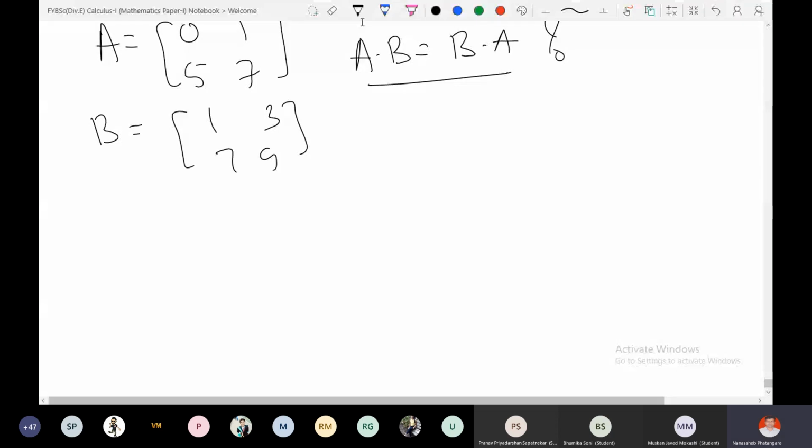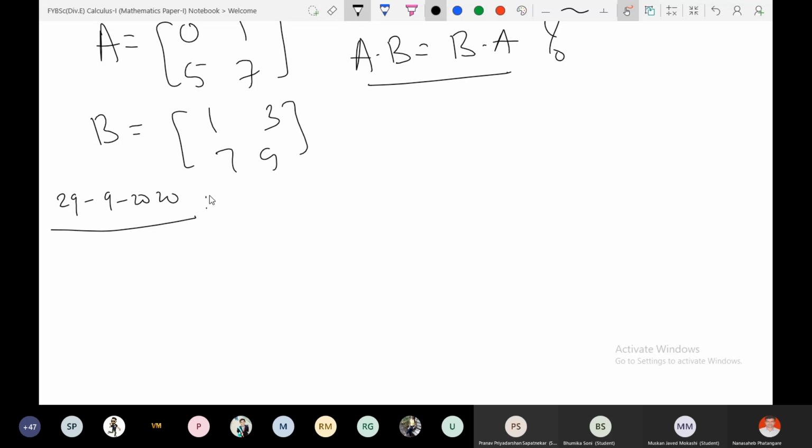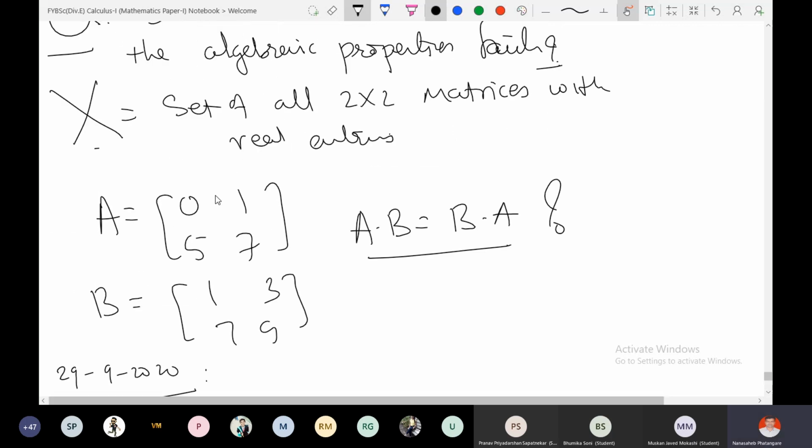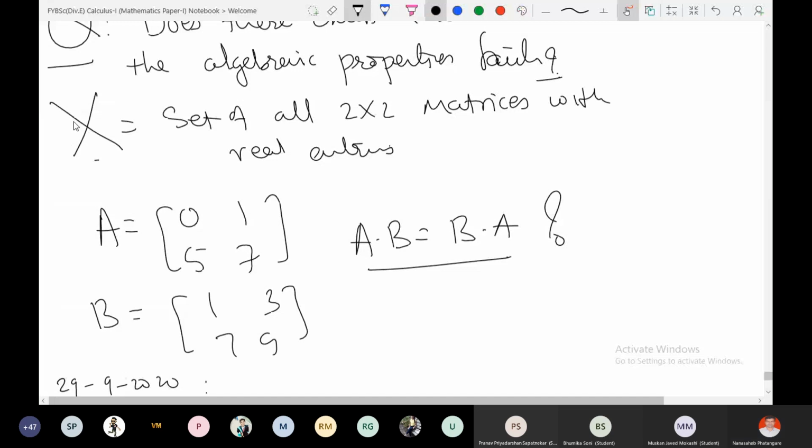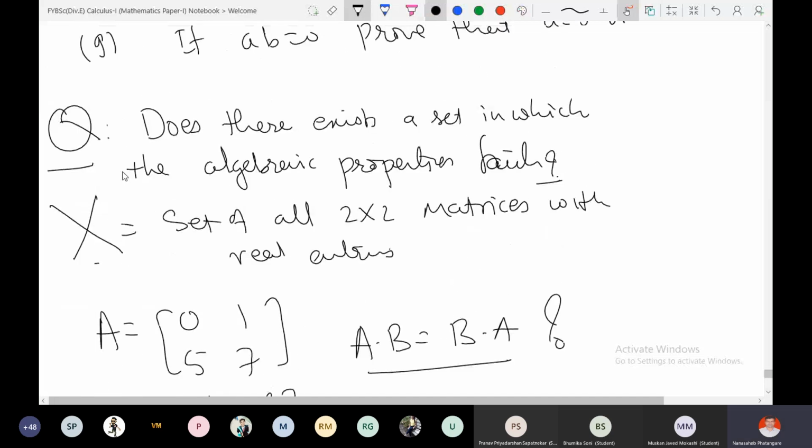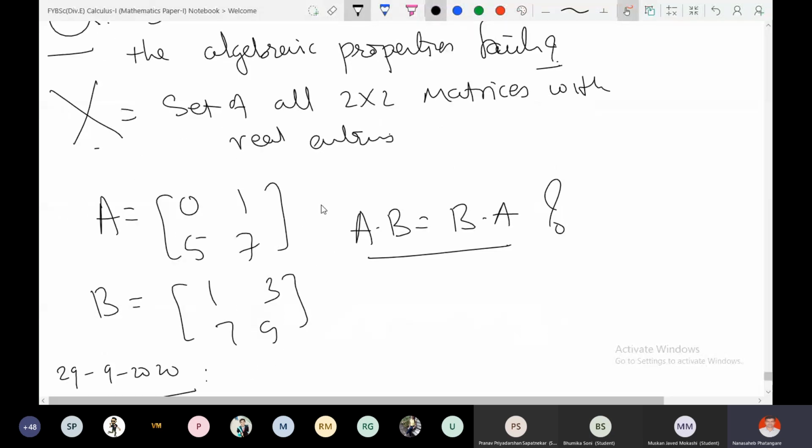Now we'll see further some applications of these properties. Somebody asked this question: where do we see that the property of commutativity or some other properties fail?